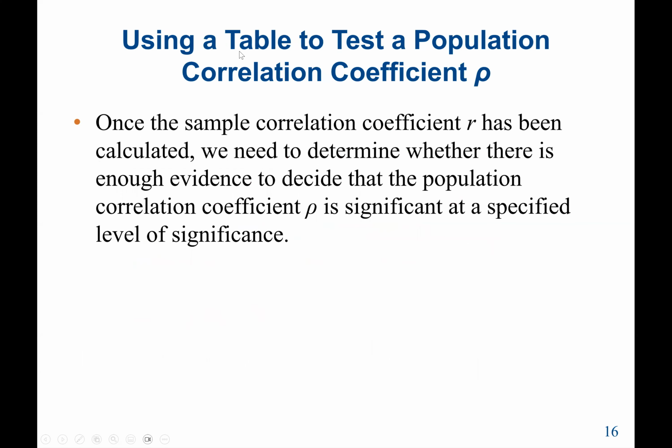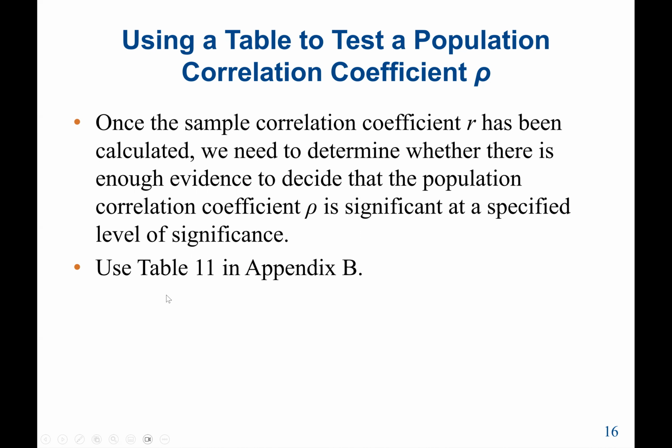Next, we can also use the table to test the population correlation coefficient rho. Once the sample correlation coefficient R has been calculated, we need to determine whether there's enough evidence to decide that the population correlation coefficient rho is significant at a specified level of significance.